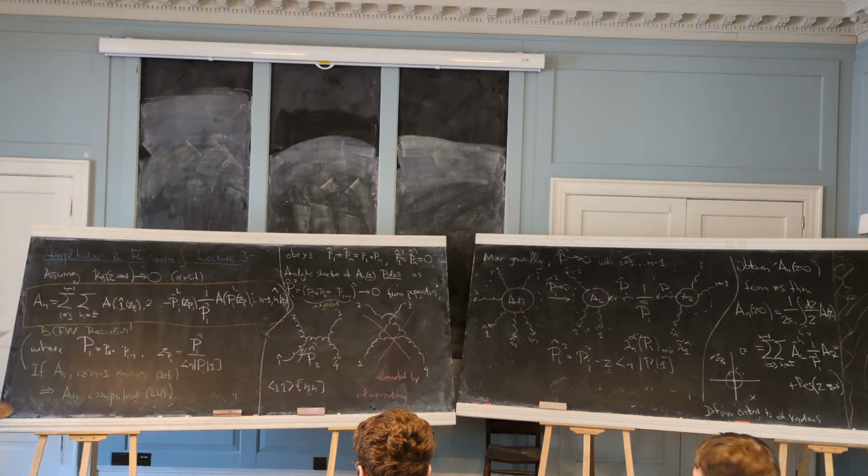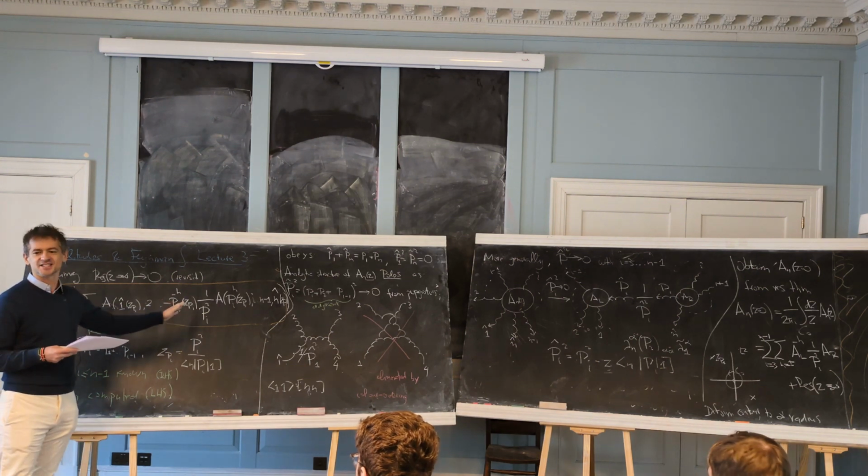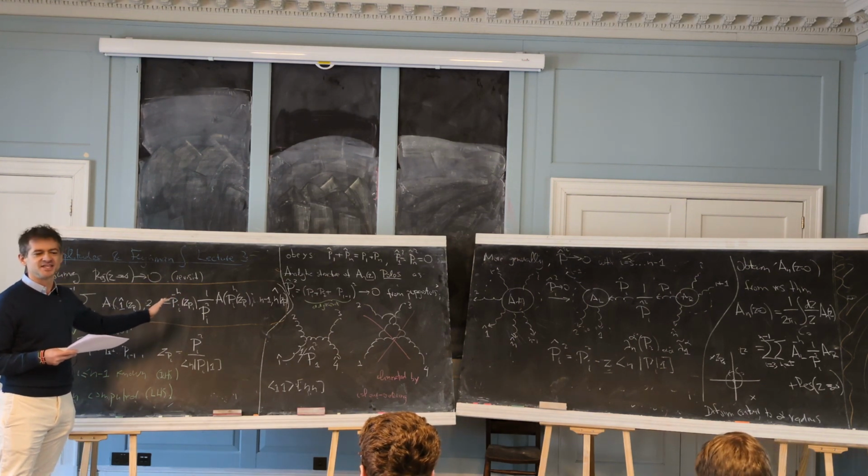So the essence and the beauty of this is that it's a recursive method that allows you to build more and more complicated scattering amplitudes strictly from other scattering amplitudes. So it's completely on shell. Nothing on the right-hand side is off shell. Everything is on shell.